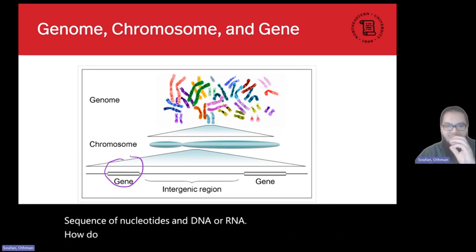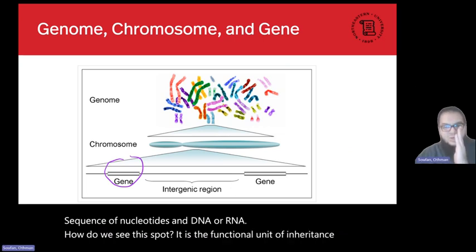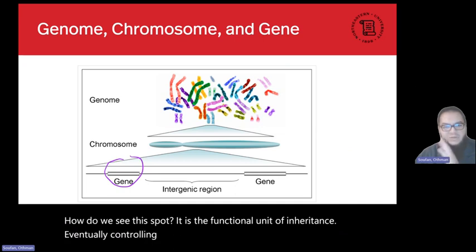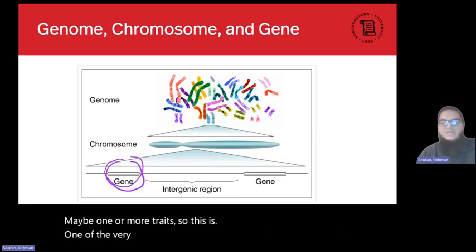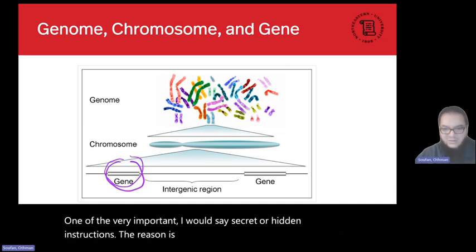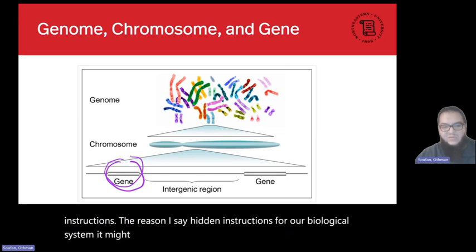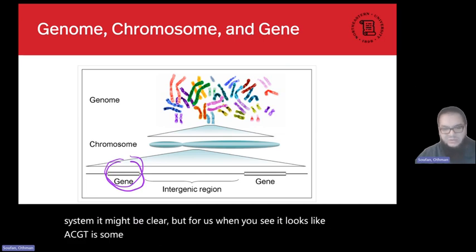How do we see this part? It is the functional unit of inheritance, eventually controlling the expression of maybe one or more traits. So this is one of the very important, I would say, secret or hidden instructions. The reason I say hidden instructions is that for our biological system it might be clear, but for us it looks like ACGT, some sequence of nucleotides.